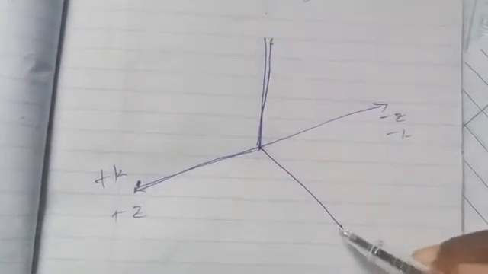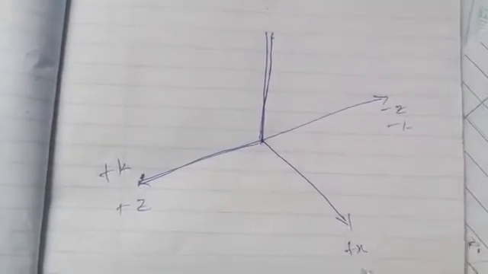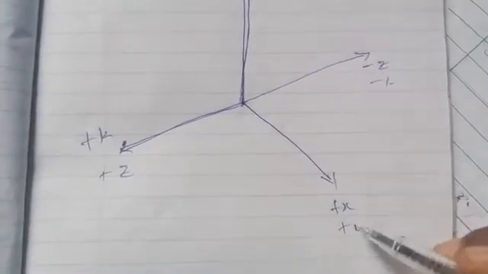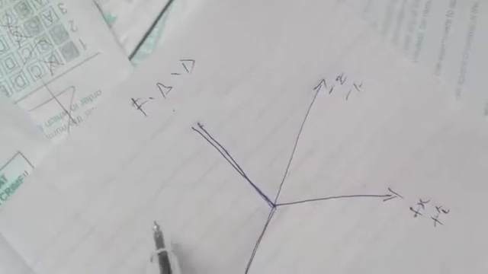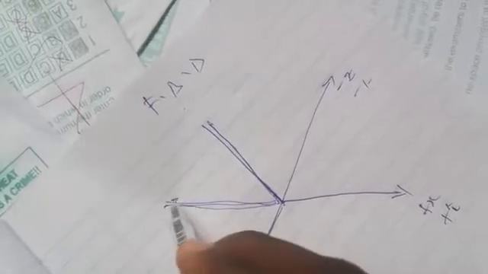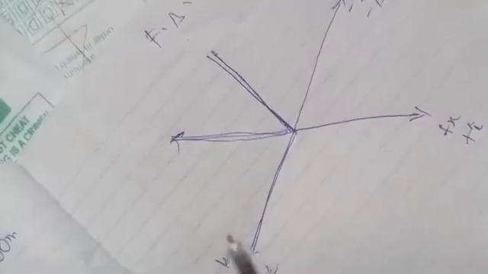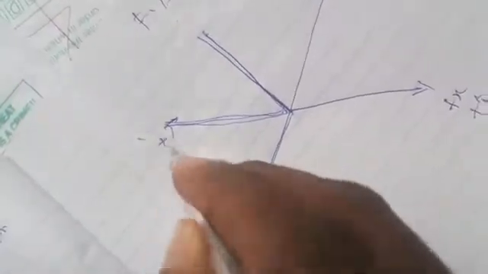These are positive X, which is also positive I. Backwards we have our negative X, so this is minus X, also minus I in vectors.